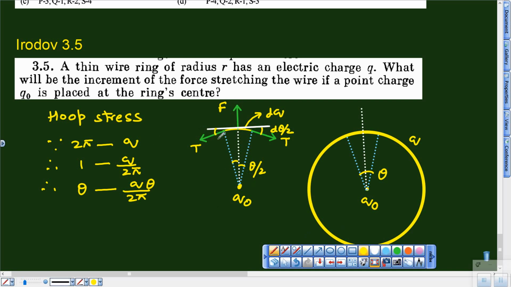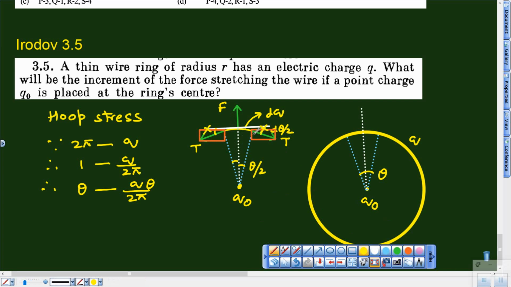So if I break these three forces into horizontal and vertical components, you can see that the horizontal components of T, which I can show here in a different color, will cancel off. Will they cancel off or not?